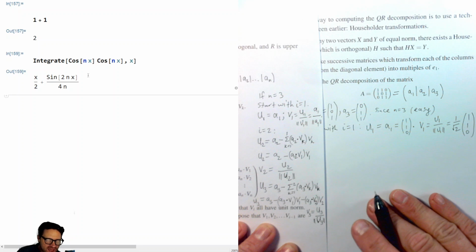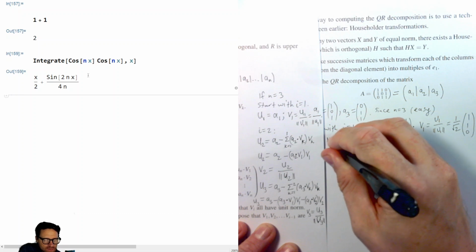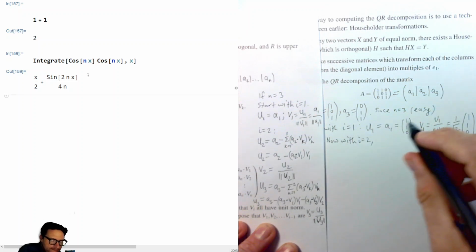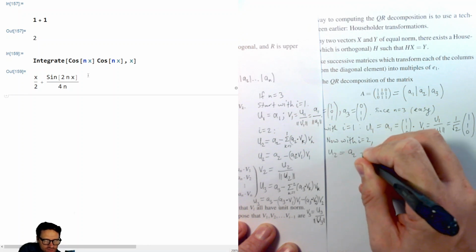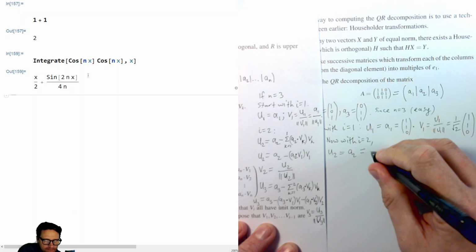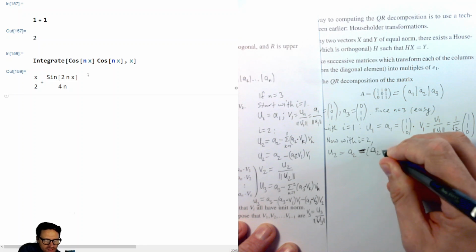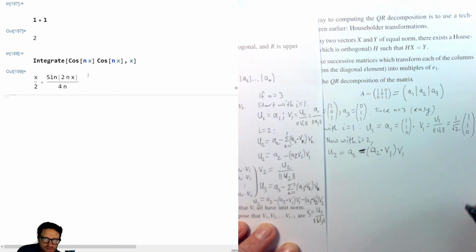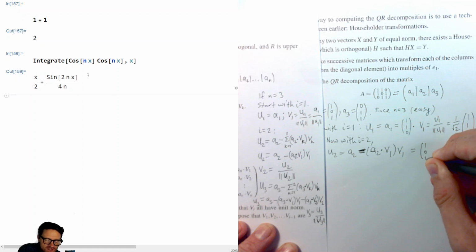Now that we have that, let's move on to i equals 2. U2 is equal to A2 minus A2 dot V1 times V1. Let's sub A2 and V1 in. A2 is the vector 1, 0, 1.